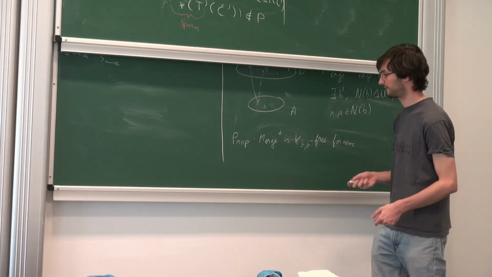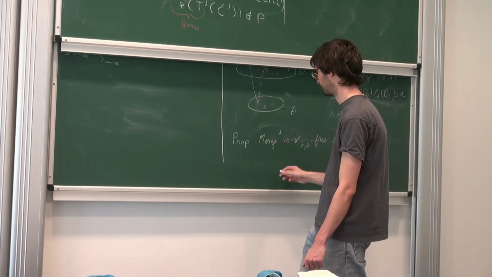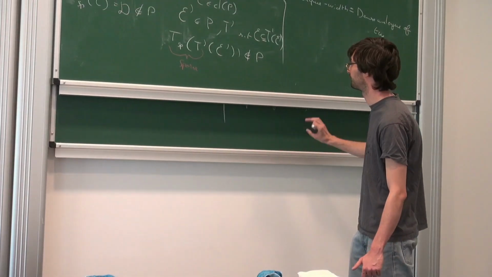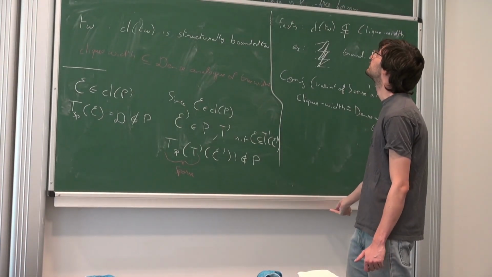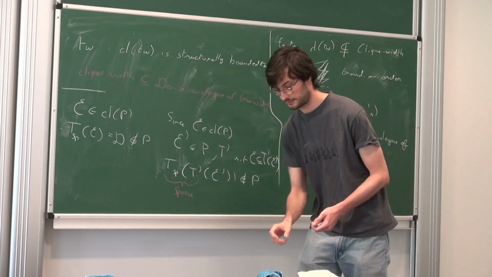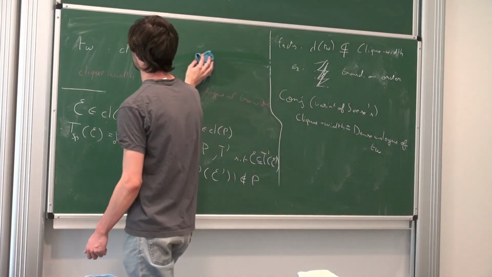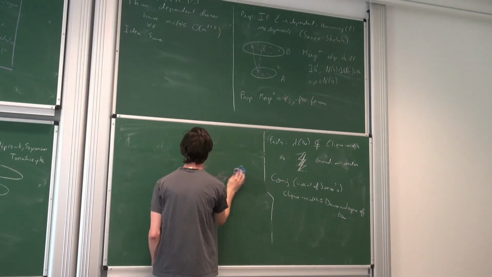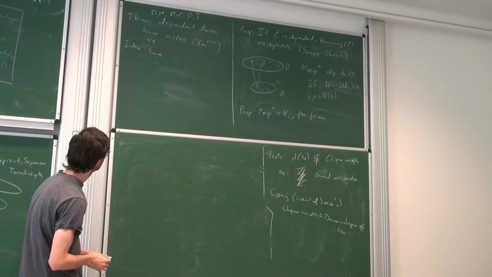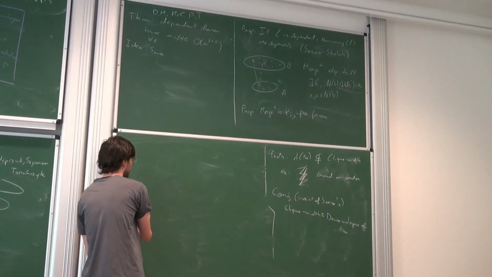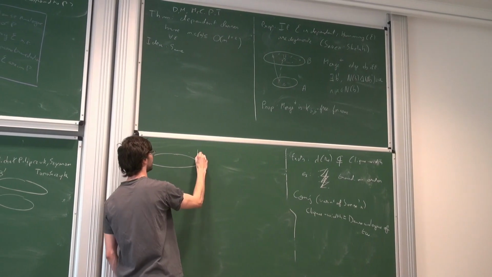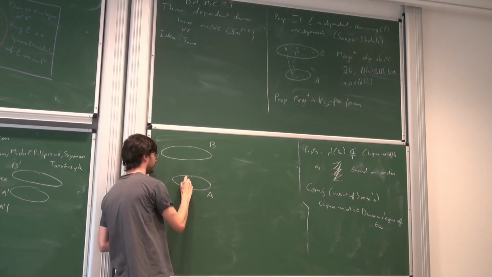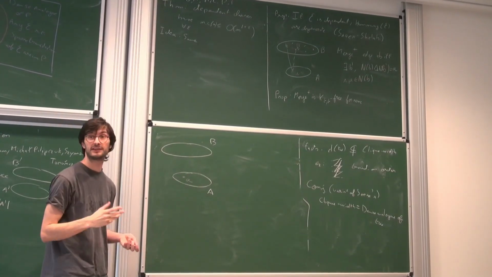The second is that it decreases some parameter on neighborhoods. So let's do another graph. This is B, and A, B. And now I can look at the vertex A and its neighborhood in the merge graph.